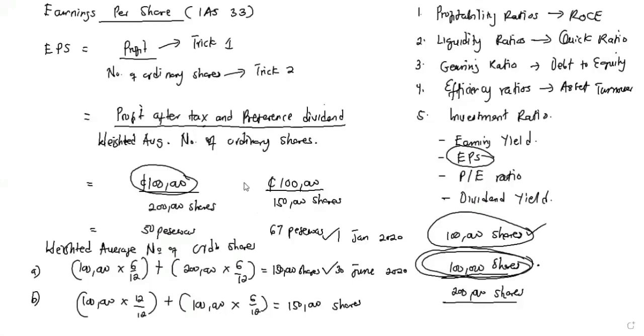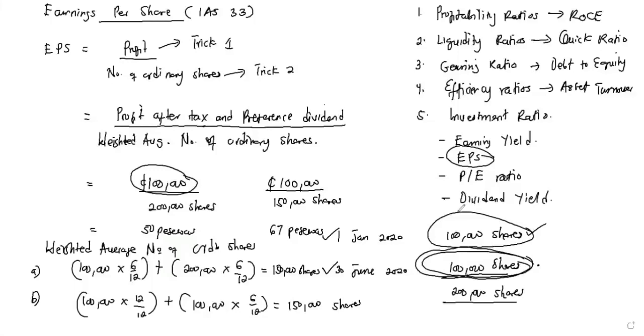So please picture and use 1 minute to assimilate what is on the board. Look at the two approaches. We have method 1 and method 2, right? Under method 1, you only look at the figures in total. The 100,000 was there for 6 months. Then when it changed into 200,000 shares, because the 100,000 will be added to the 100,000 on 30th June, it also lasted for 6 months, right? So you can call this the total approach.